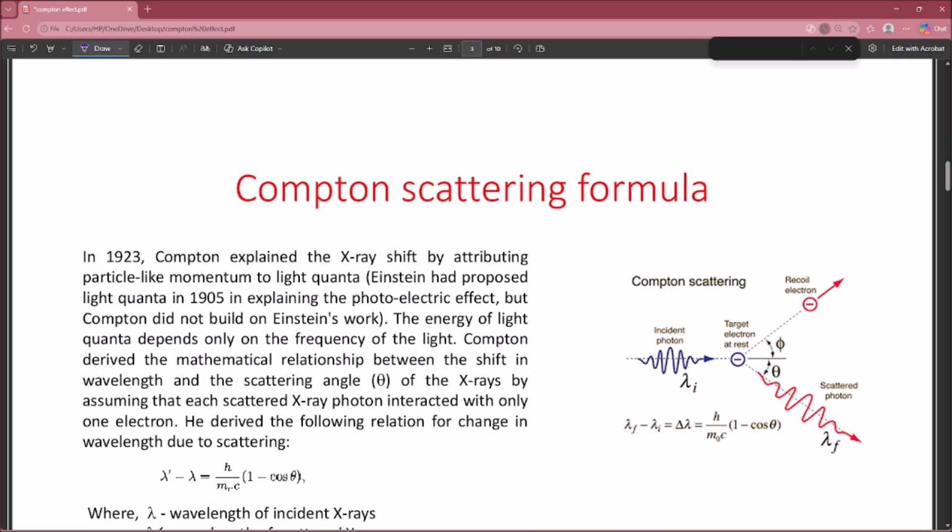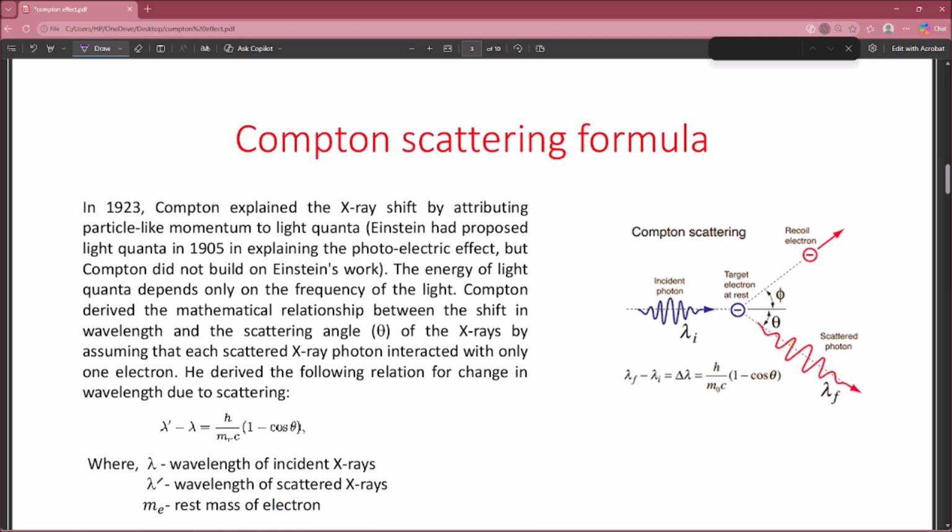Now we will see what the Compton scattering formula is. In 1923, Compton explained the X-ray shift by attributing particle-like momentum to the light quanta. Einstein had proposed light quanta in 1905 in explaining the photoelectric effect, but Compton did not build on Einstein's work.